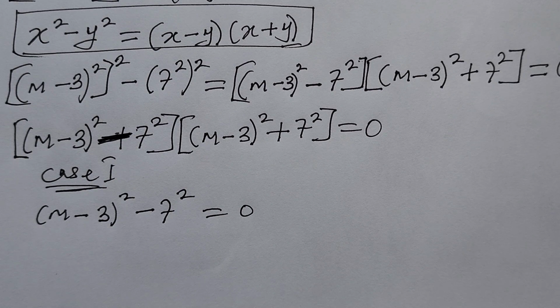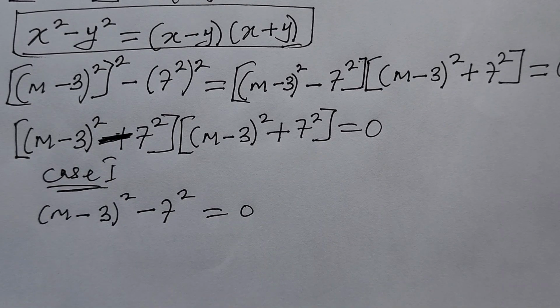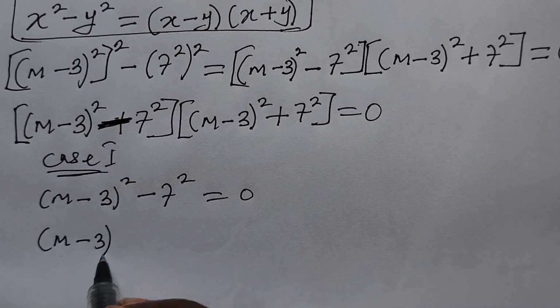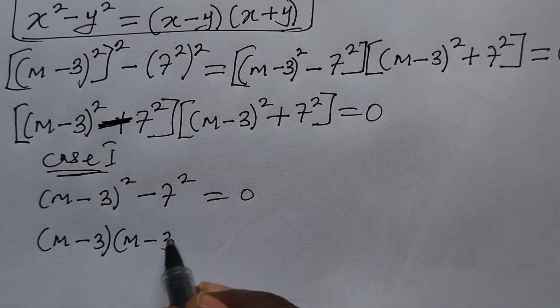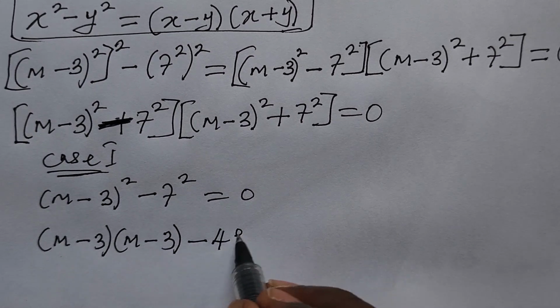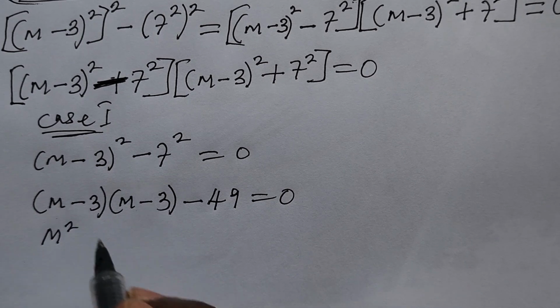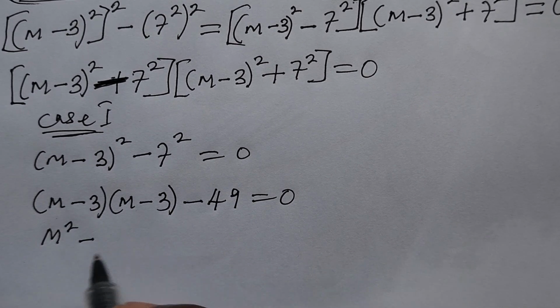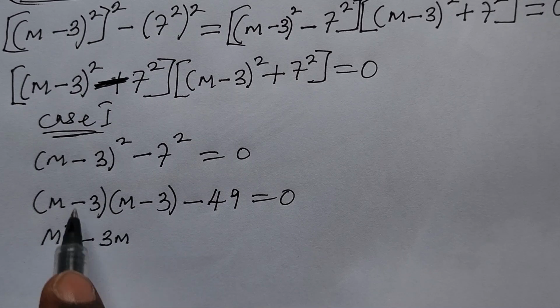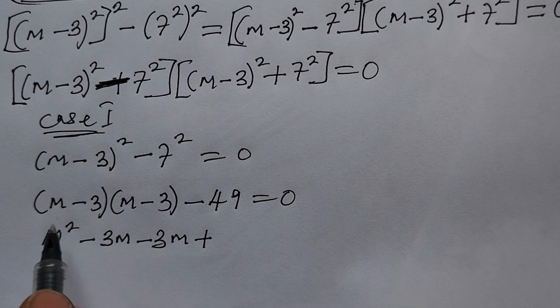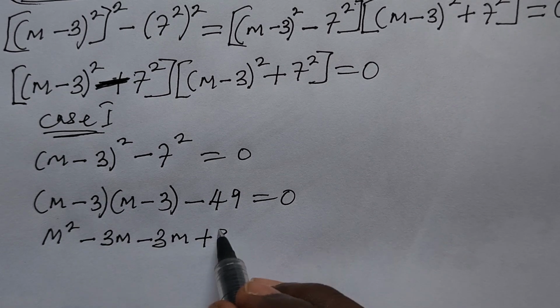We want to see if this will give us a real solution or an imaginary solution. If it's going to give us an imaginary solution, we're going to ignore it. So we have to open this up: (m − 3)(m − 3) − 49 = 0. m times m gives m^2, m times −3 gives −3m, −3 times m gives −3m, and −3 times −3 gives +9.